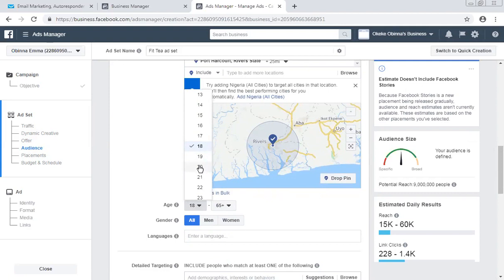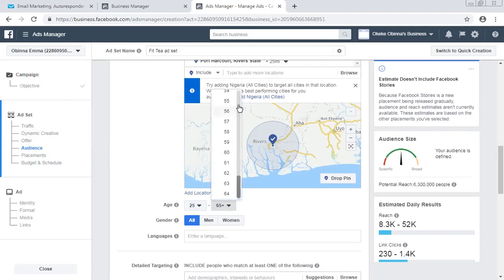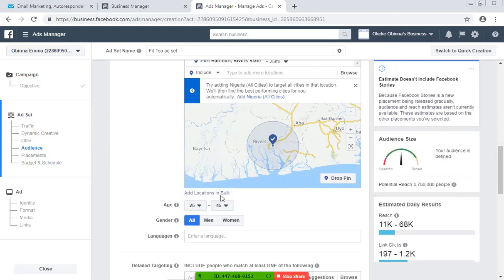So instead of targeting 25 to 34, I will choose to target from 25 to 45. The reason is this.